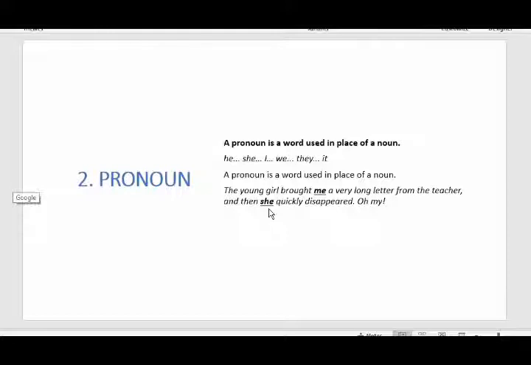Pronoun is nothing but a word that we use in the place of a noun. So here I have written, the young girl brought me a very long letter from the teacher and then she quickly disappeared. So here I have used the word she. So this word is called a pronoun, whereas girl is called noun.